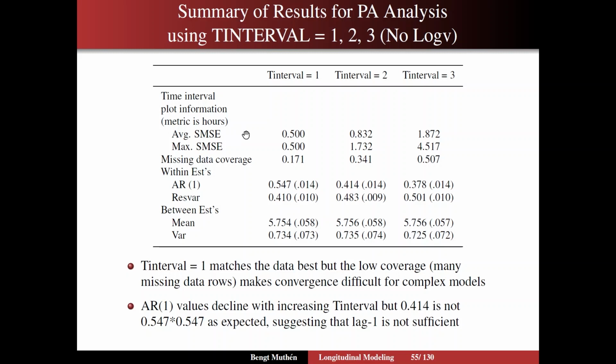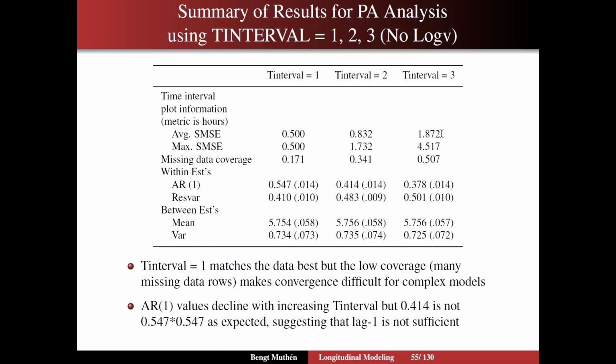And the average, that average difference is very low, which is good, with t interval equals 1. It gets a little bit worse for 2, and more worse still for t interval equals 3. So this says that on average you have almost 2 hours time difference between actual time and time used in analysis.